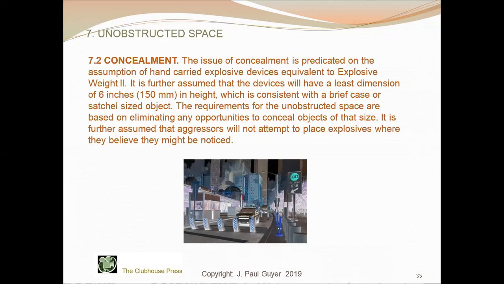The key, therefore, to determine what may be located in unobstructed spaces is whether or not a person could see the objects. With that, even if objects are hidden behind obstructions, such as large trees, those trees would be permissible because the devices could be seen from at least one direction.